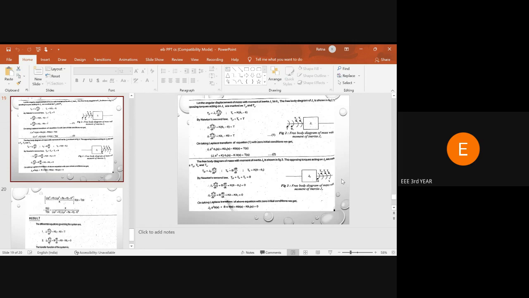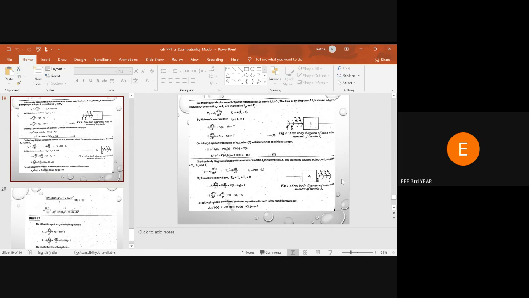Correct. Next, on taking the Laplace transform of the above equation, we all know that the Laplace transform of d square theta 1 divided by dt square equals s square into theta 1 of s. Then the Laplace transform of theta 1 equals theta 1 of s.